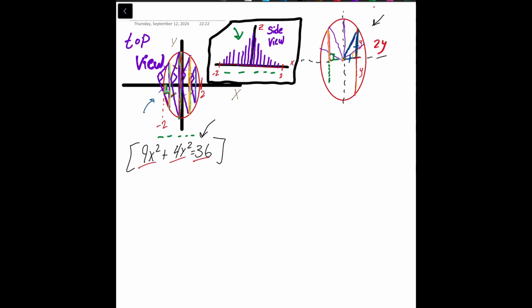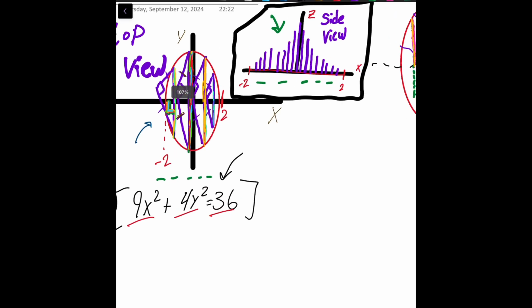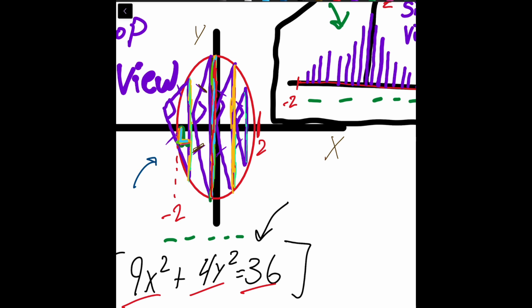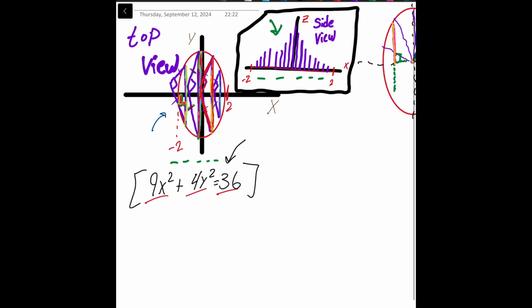Okay, so first, I'm going to isolate y, because when we see in our diagram here, we are perpendicular to our x-axis here, and our base, in fact, is the hypotenuse of this triangle. So I'm going to move the 9x squared to the other side, giving me 4y squared equals 36 minus 9x squared.